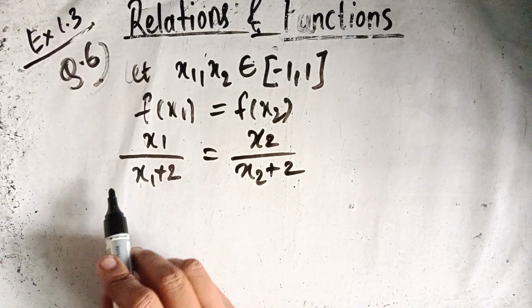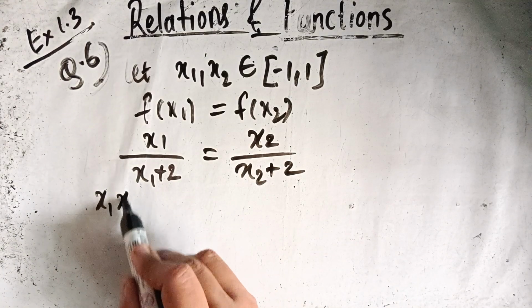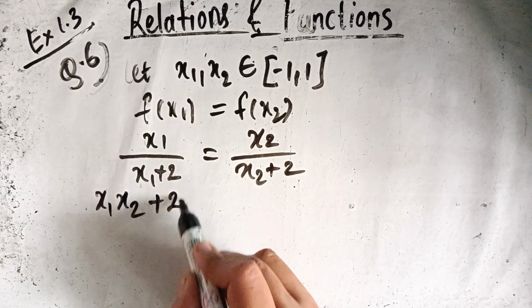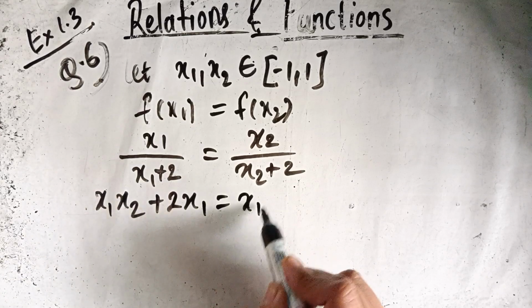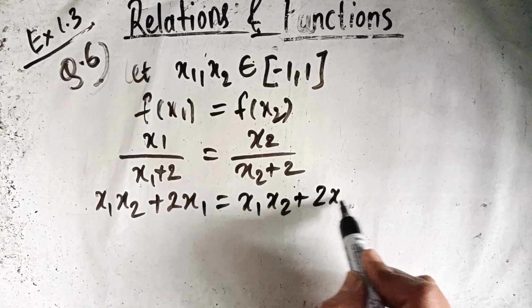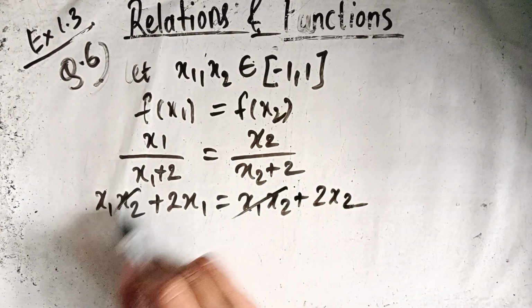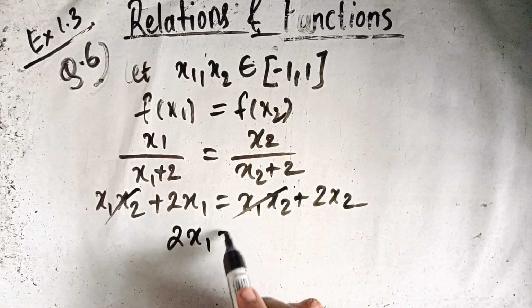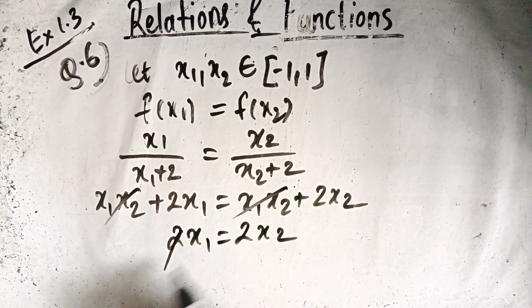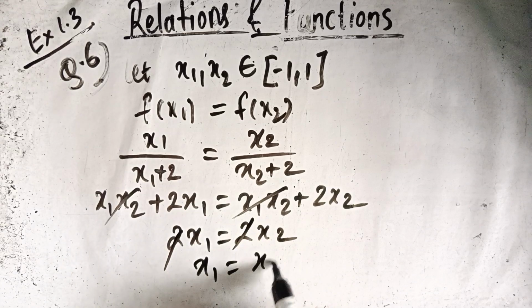Cross multiplying, you will get x1 x2 plus 2x1 equals x1 x2 plus 2x2. This gets cancelled. So 2x1 equals 2x2, which implies x1 is equal to x2. So this is one-one.